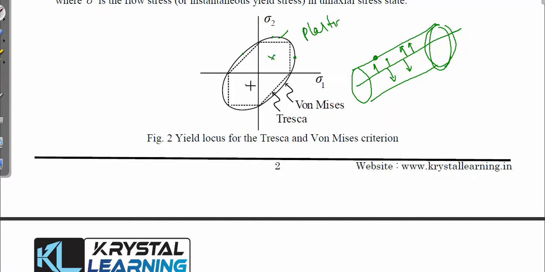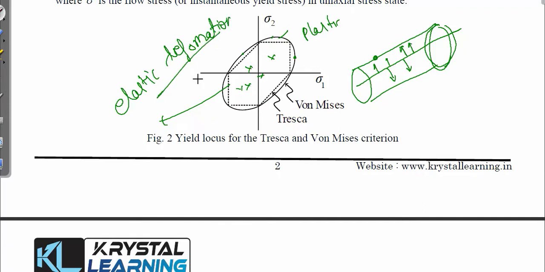If your point is inside this cylinder, that means only elastic deformation. Inside this cylinder means only elastic deformation, and if the resultant stresses reach the surface of this cylinder, that means plastic deformation has started in the material.